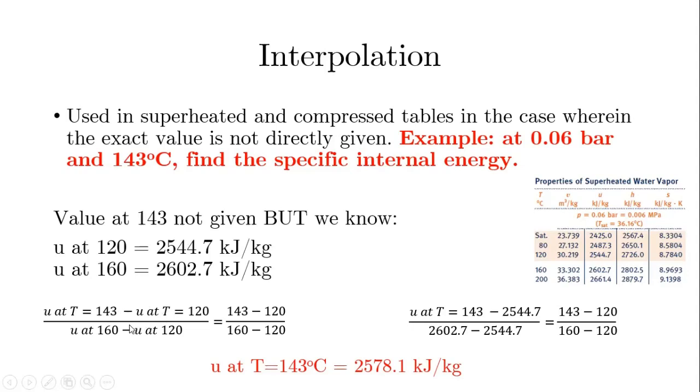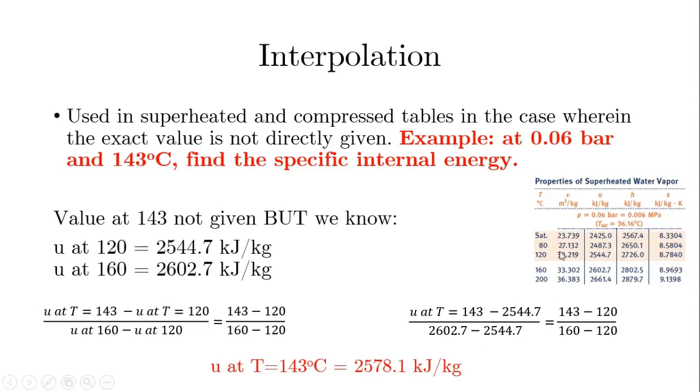Then I use the temperature for the other side. I'm looking for the stuff at 143; I just don't know the u there. When I do this treatment, I find that u at 143 is 2,578.1 kilojoules per kilogram.